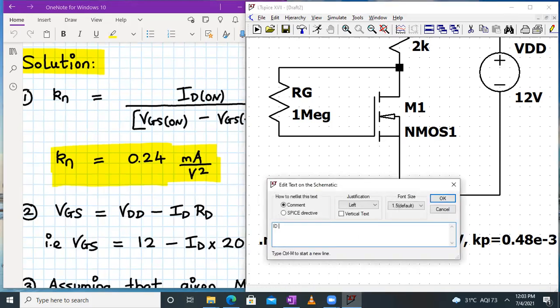The equation for ID is given by Kn times VGS minus VTO the whole square. This can be written internally as Kn dash divided by 2 into W by L into mu n Cox into VGS minus VTH or VTO, the whole square.